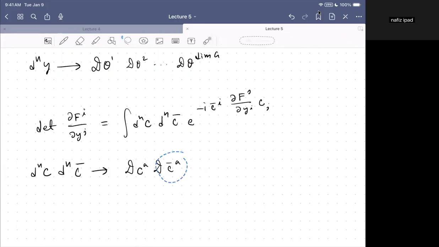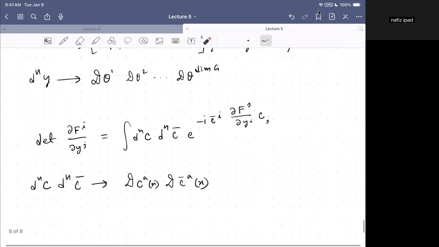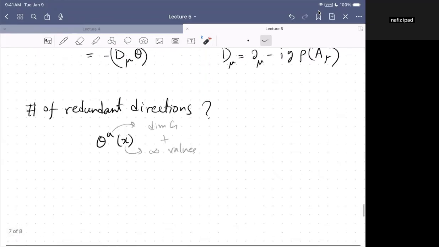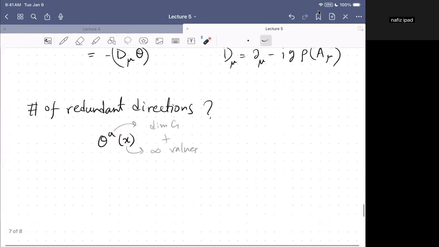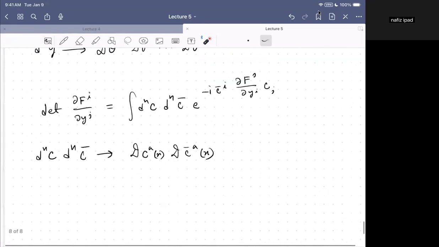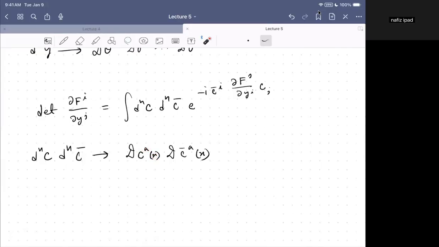And just to highlight the fact that now these are functions of spacetime. Previously, they were just Grassmann variables, but now they are Grassmann-valued fields of spacetime. Right? Because for each value of A and x, we need one fermion. So for each value of A and x, you need one Grassmann variable.